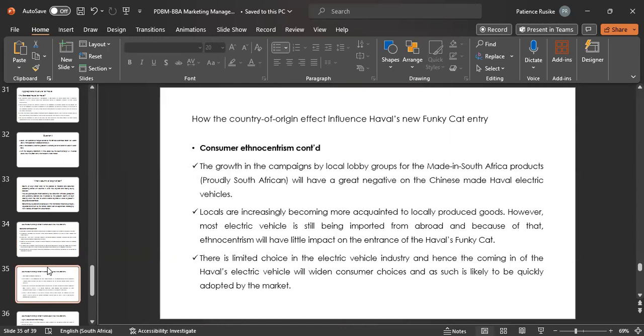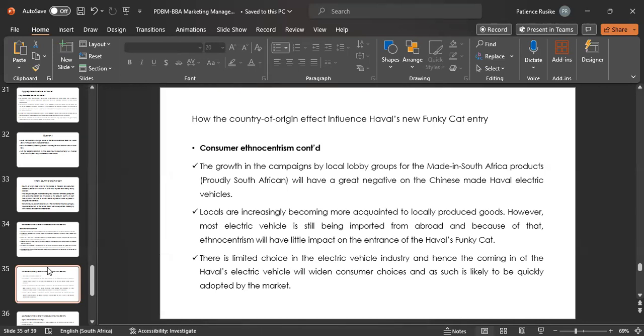Still on consumer ethnocentrism. Maybe on the flip side of it, right? There are campaigns now by lobby groups for products that are made locally, the made in South Africa products that they are calling proudly South African. Now, these groups, they are advocating for local content. They're saying, why can't we produce products locally?